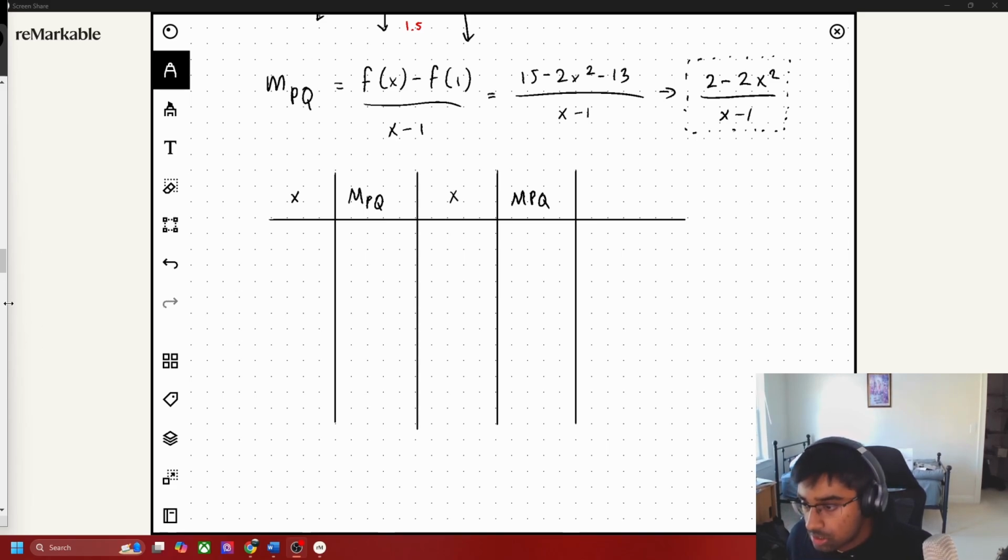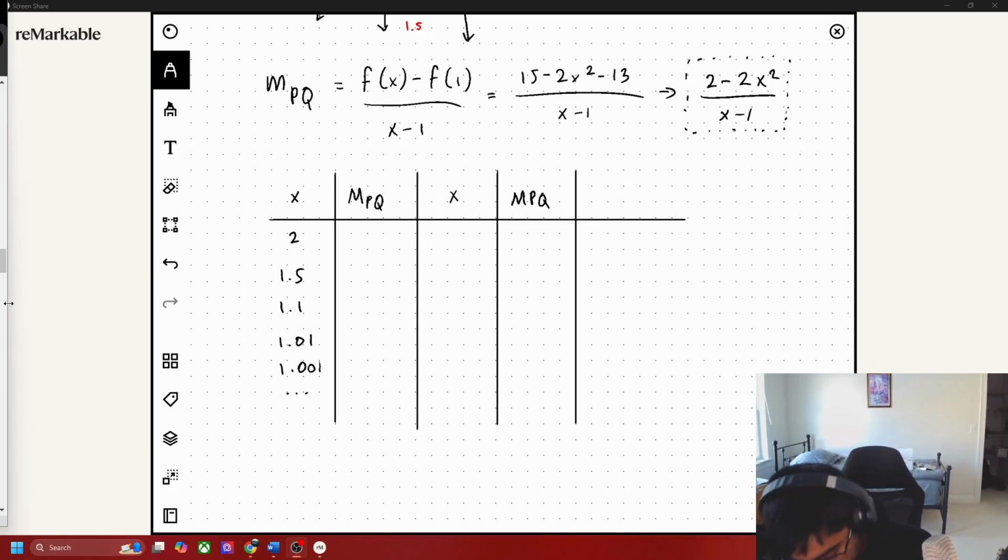With this, we want to keep plugging in values that are getting ever so closer to 1. And how we can do that is not just plug in 5, 4, 3, 2, 1, not like that, but values like 2, 1.5, 1.1, 1.01, 1.001, and so on. Similarly, the same logic applies for the other column.